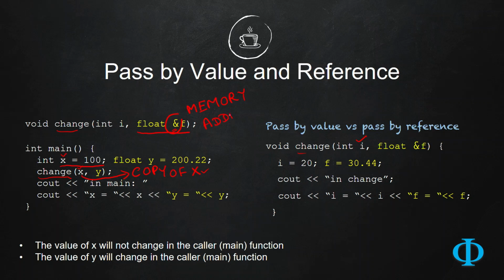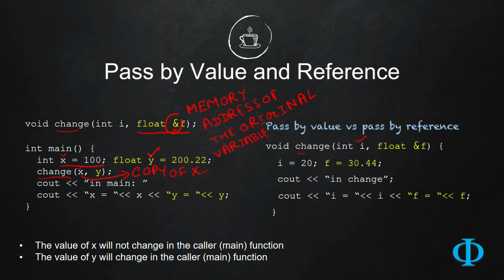address of the original variable. So now when you are passing y in this function, this is the prototype.